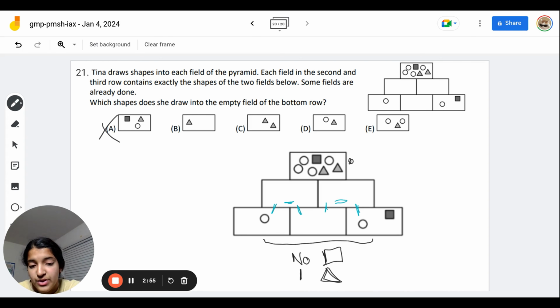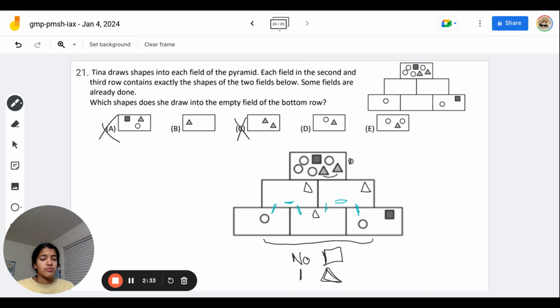That's because if there's one triangle in this square, that means there's one triangle here and one triangle here. And then one triangle plus one triangle means that there will be 2 triangles here. So we need exactly one triangle, not 2, 1. So when we look back into our options, we see that it can't be C. And all the other ones could possibly work.